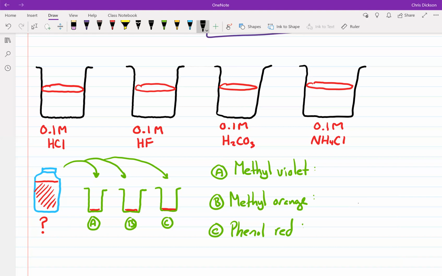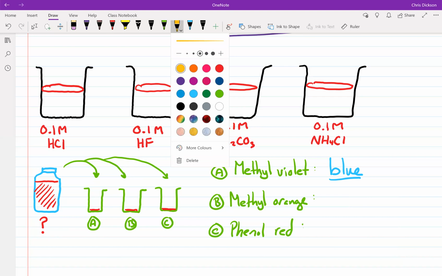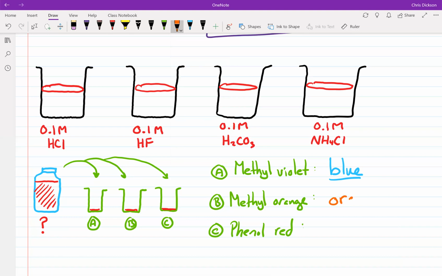So let's say that with methyl violet we test it and it turns out it's blue. Okay, so you get a blue color with methyl violet, and then with methyl orange we get orange. So you get an orange color when you use methyl orange.